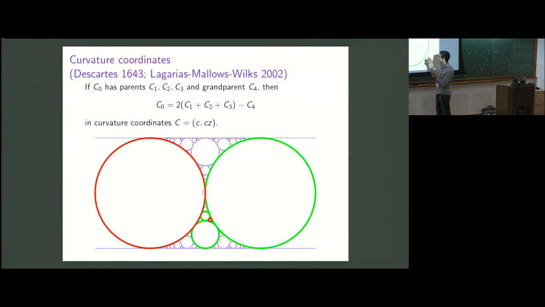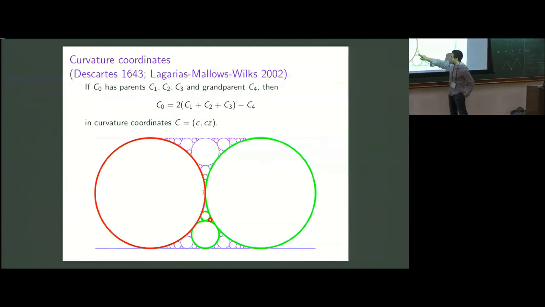It says, you've got this circle here. What Descartes wanted to know is, what's the radius of this circle? Suppose I know the radii of the 3 green circles that are mutually tangent, and those 3 green circles determine 2 red circles with the property that the red circles are tangent to all 3 of the green ones.